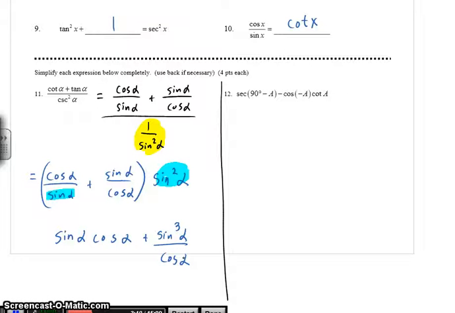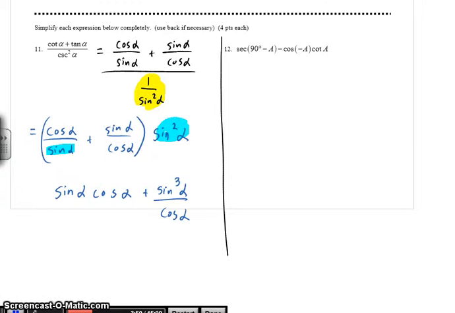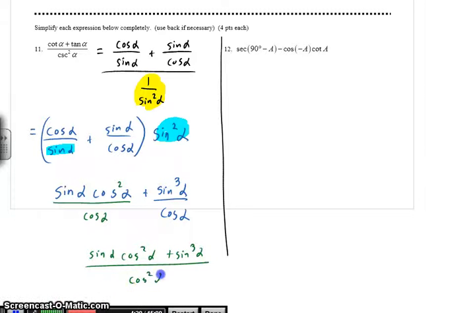Now, what do I see? Well, it's a little unclear. How about we find a common denominator here? The question is, are we going where we want to go here? So I'm going to multiply this by cosine over cosine. So I end up with sine theta cosine squared theta plus sine cubed theta over cosine squared theta.